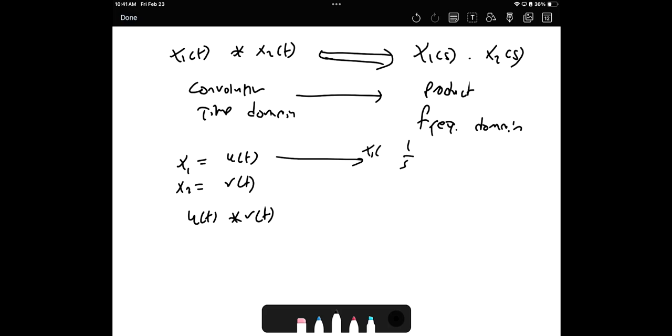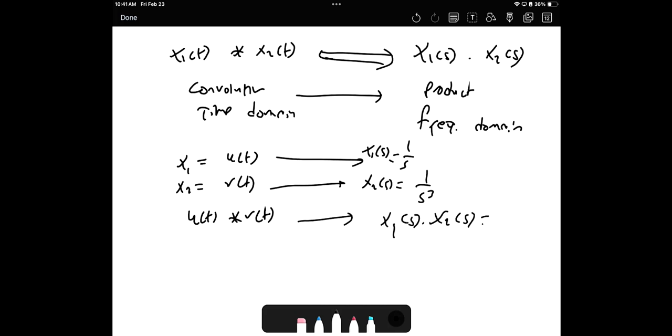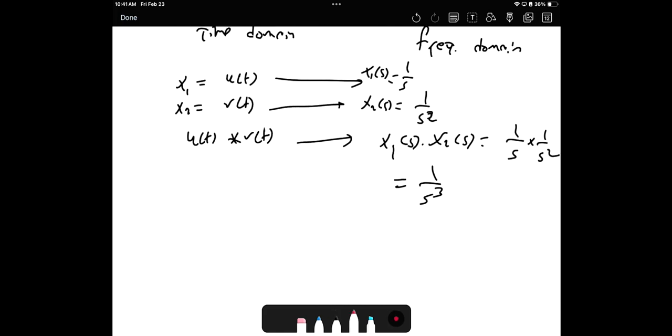This is x1 of s. x2 of s will be 1 over s squared. Then the convolution will be x1 of s times x2 of s, which will be 1 over s times 1 over s squared, so it will be 1 over s cubic. After that, we can do Laplace inverse.